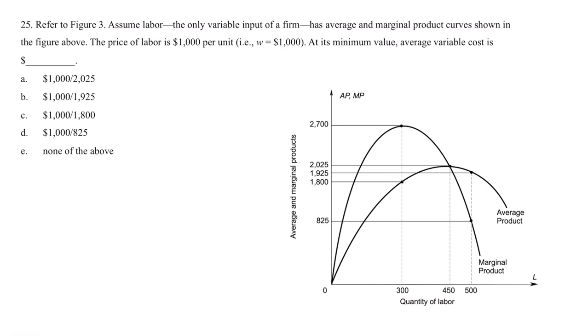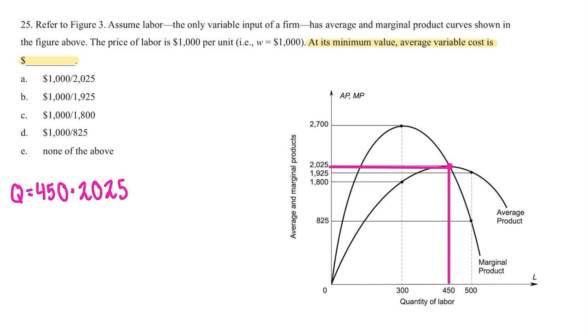The price of labor at its minimum, this is the exact same problem as we literally just did, except now it wants to know what the average variable cost is. So we know that we're caring about this point from the previous problem. So we know that our quantity is found by 450 times 2025.